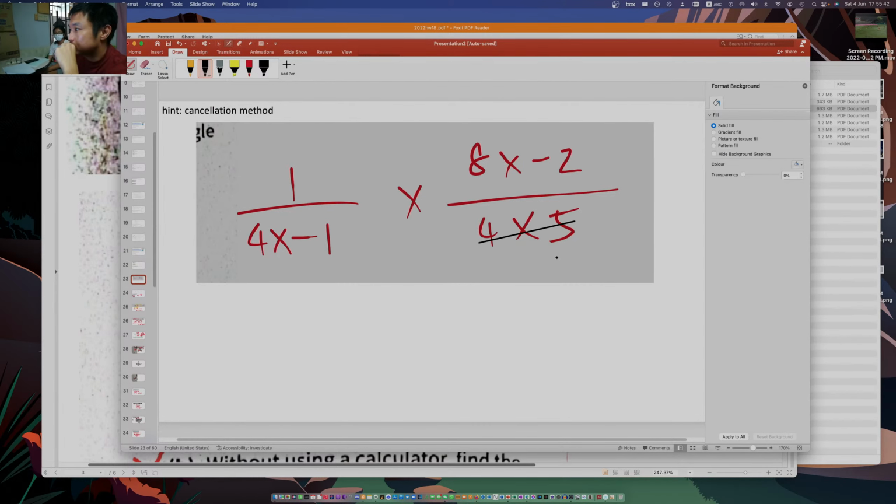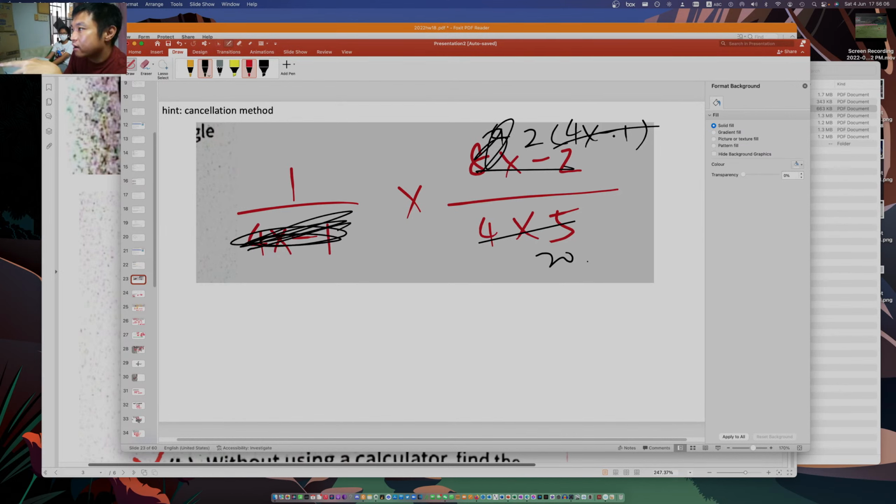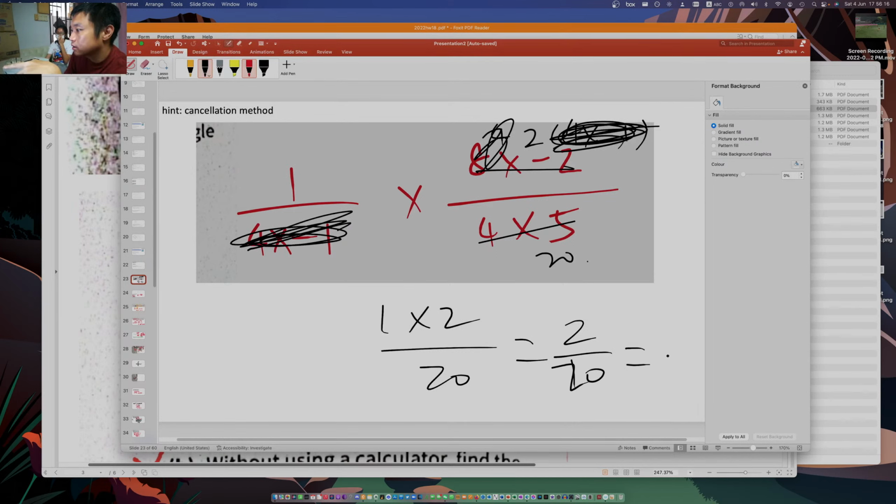Why? Because, okay, so this is 20. If you know how to do factorization, you can see that this 8x minus 2 can become 2 times (4x minus 1). Can you see that 4x minus 1 on top and 4x minus 1 below can cancel? So if you cancel, you have 1 times 2 only above, then below is 20, so continue. 1 over 10.